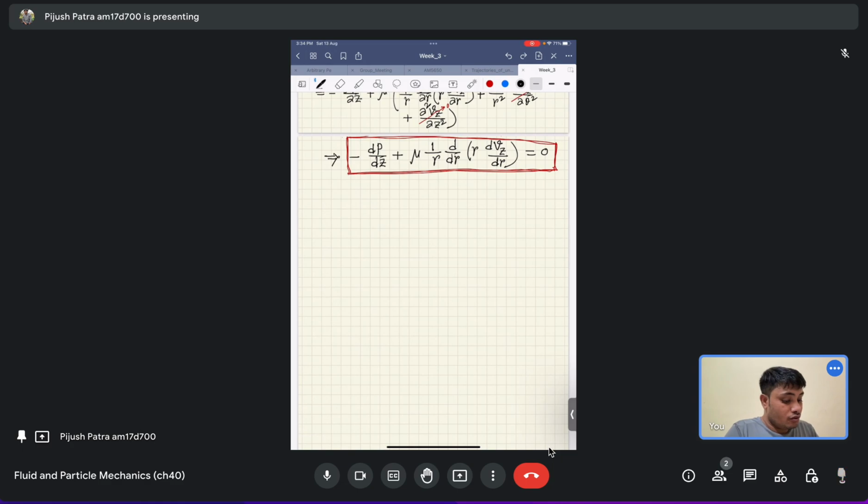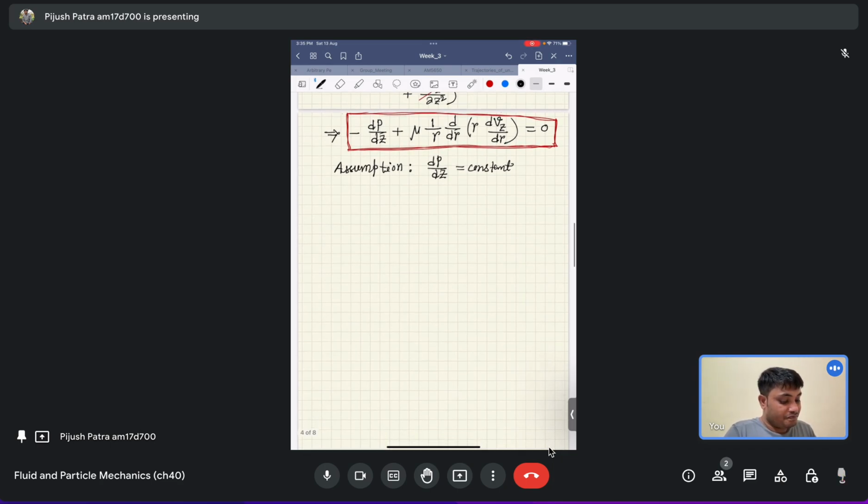Okay, so assume that dp/dz is equal to constant, a constant pressure difference between the inlet and the outlet.